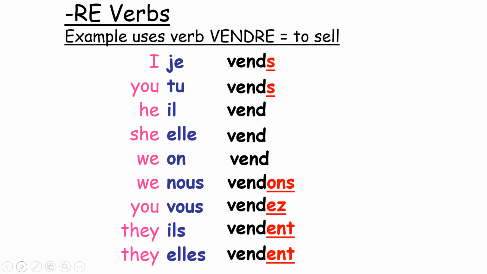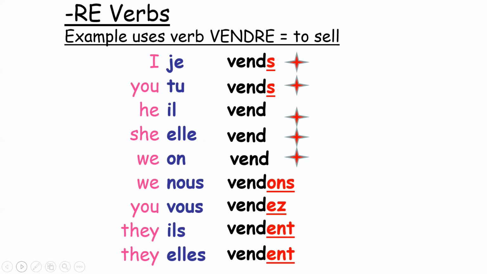So for RE ending verbs, we have S, S, then nothing added on for the 3 in the centre there. Then ONS, EZ, ENT, ENT. Again, several of these sound the same when they're spoken aloud, even though the spelling might be slightly different.